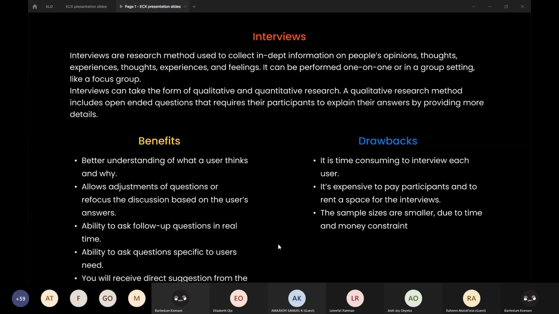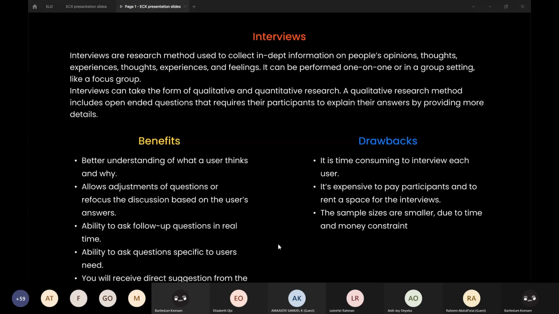So interviews gather information on people's opinions, thoughts, experiences, and feelings. Like I said, it can be performed one-on-one or in a group setting, like a focus group. So it can take the form of qualitative and quantitative research.